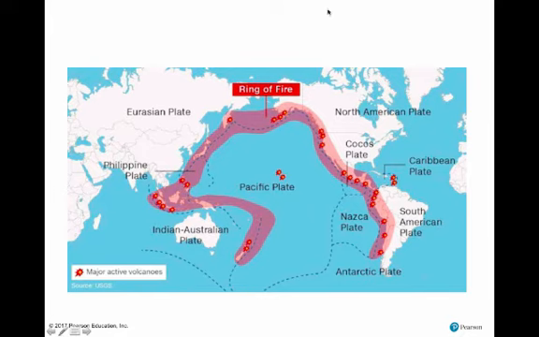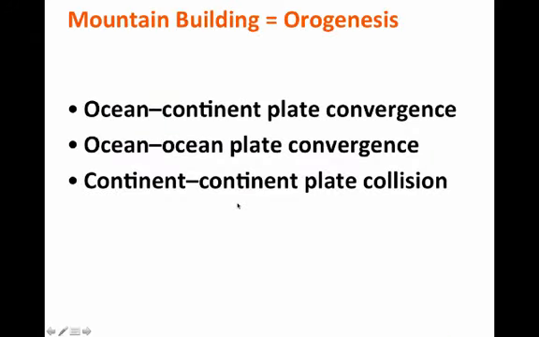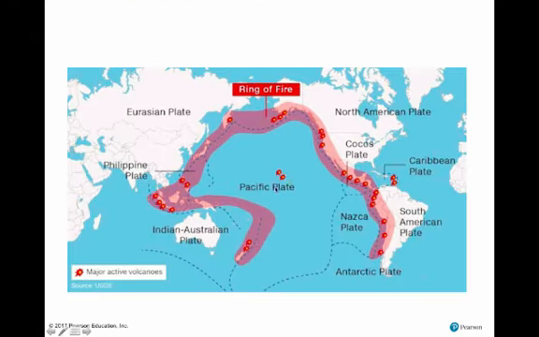Here is a picture of the Ring of Fire. Some people call it the Circum-Pacific Volcanic Zone, but Ring of Fire is sort of easier to understand. In the middle of the Pacific Plate, we have different volcanoes. So we'll talk about those in a little bit.